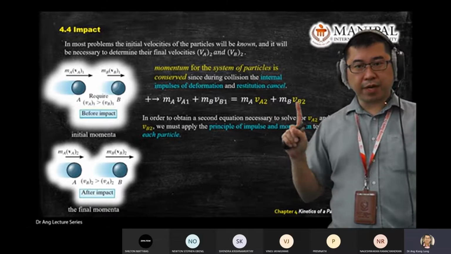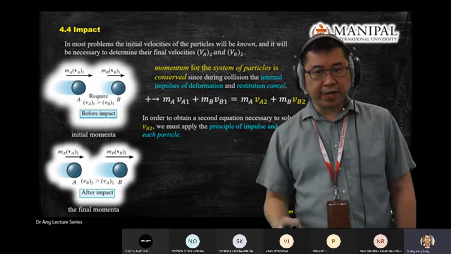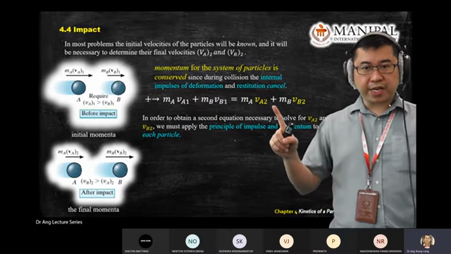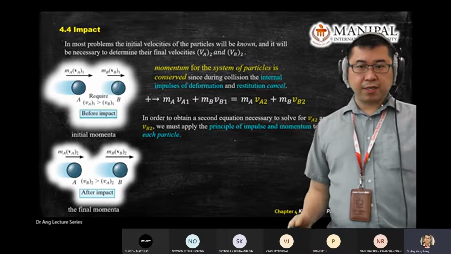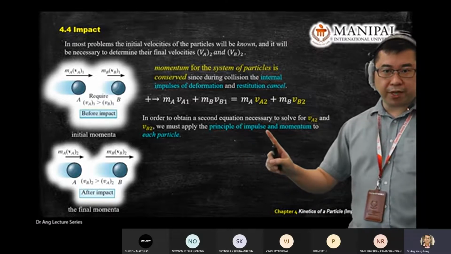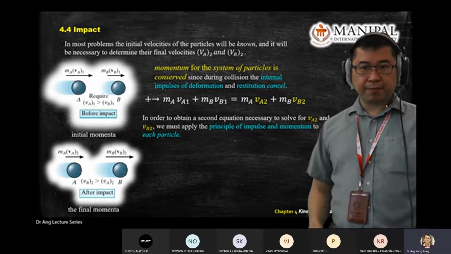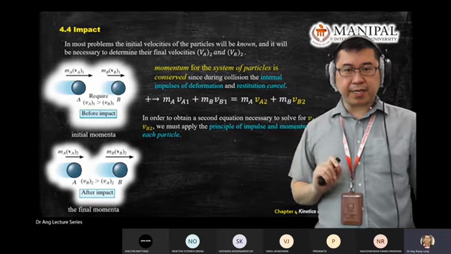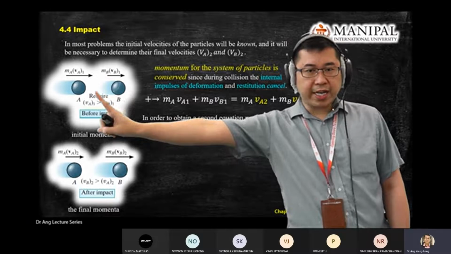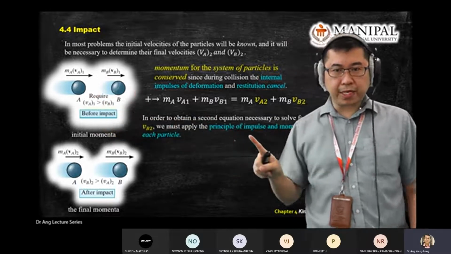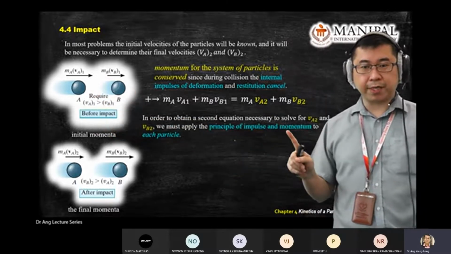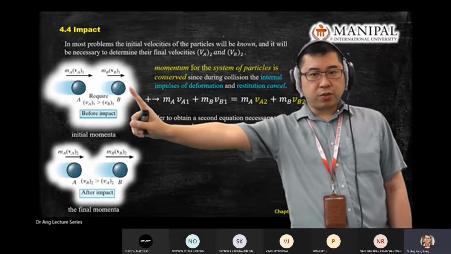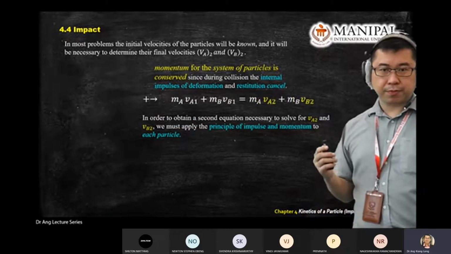However, you have two unknowns and one equation, so you cannot solve. You need one more equation to find vA2 and vB2. You use the principle of impulse and momentum for each particle. So you need to look at the individual object, using the principle of impulse and momentum that we learned before. You focus on individual particles.